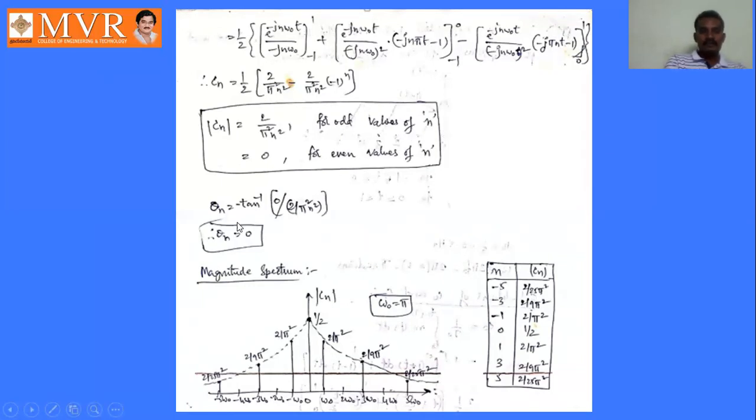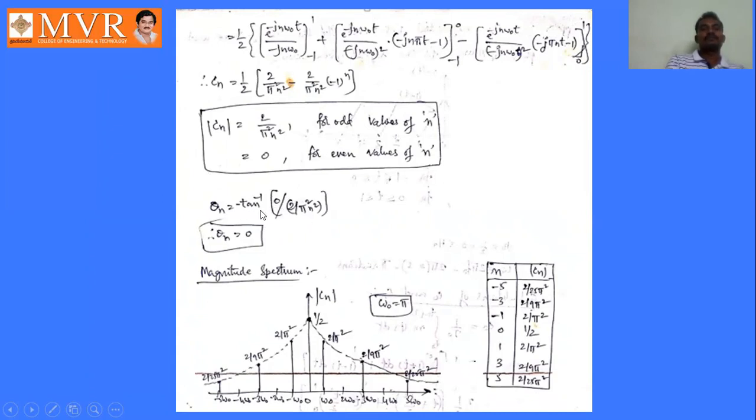Okay, and θn equal to minus tan inverse of the imaginary term by the real term. Is there any imaginary term here? There is no imaginary term. So that's why the imaginary term is 0, and 0 divided by the real term 2/(π²n²).